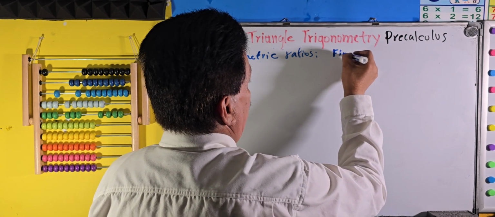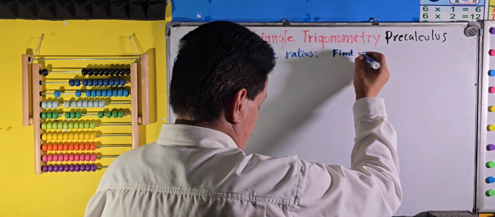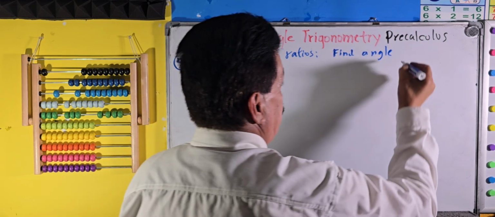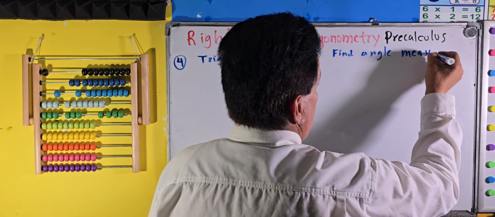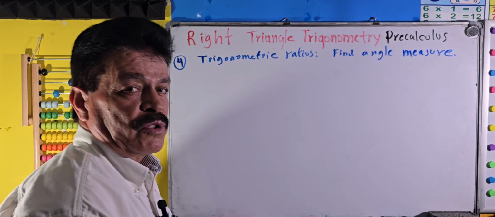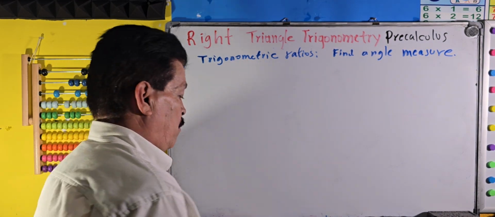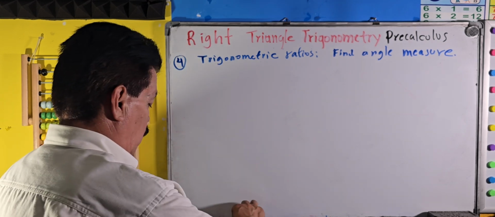Here we have to find angle measures. So trigonometry, right? You find the angle measure. So let's see one example.